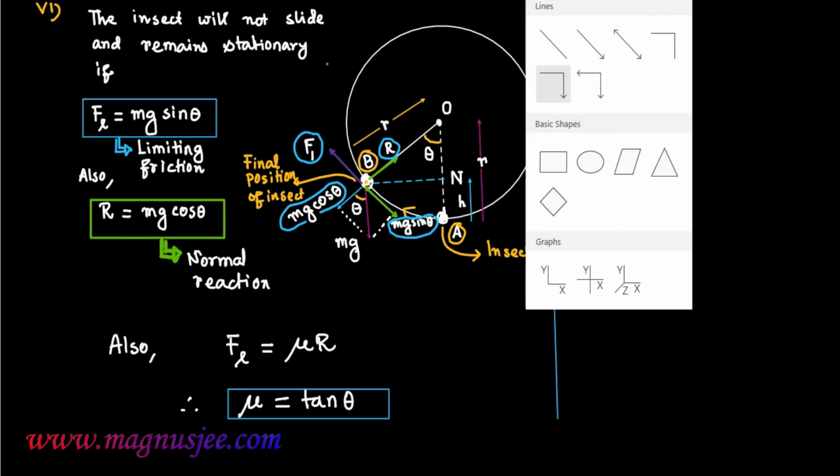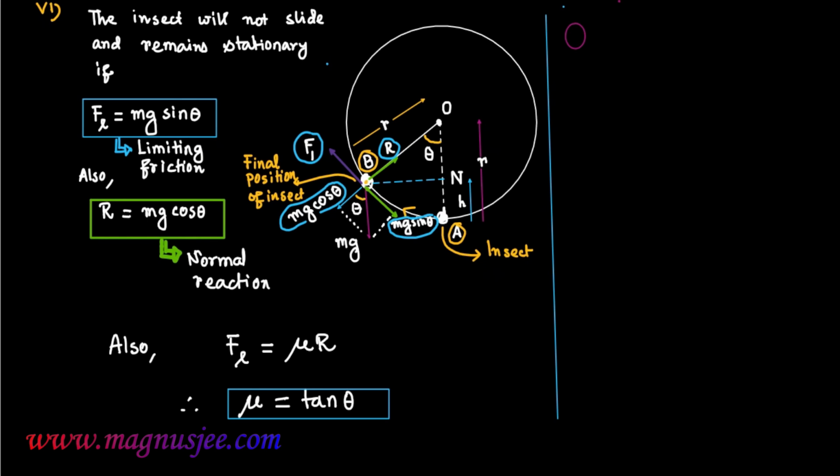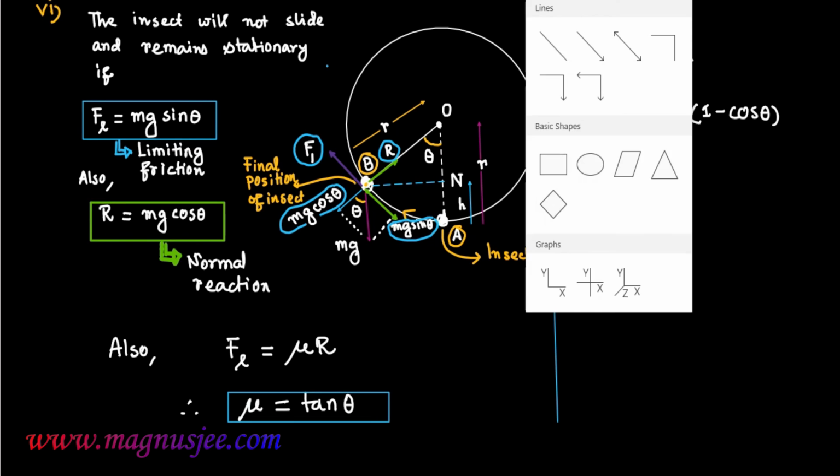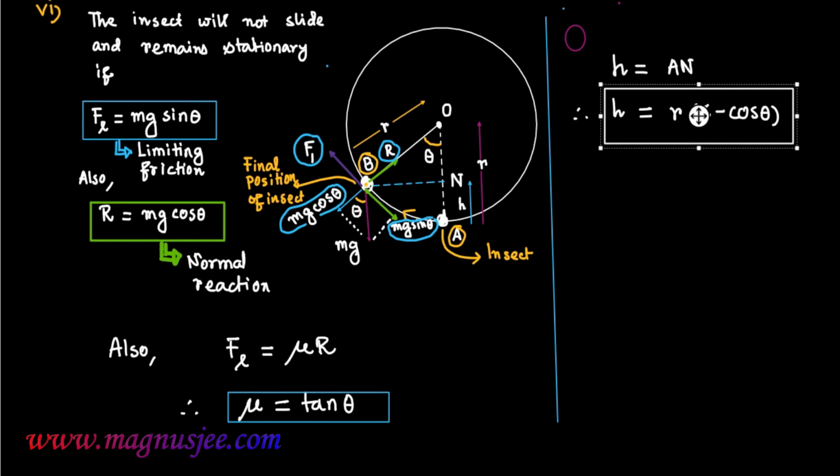When the insect travels from A to B, the height attained by the insect, or change in height, will be h, which will be equal to An. That is h equal to An. Finally we get h equal to r(1 minus cos theta).